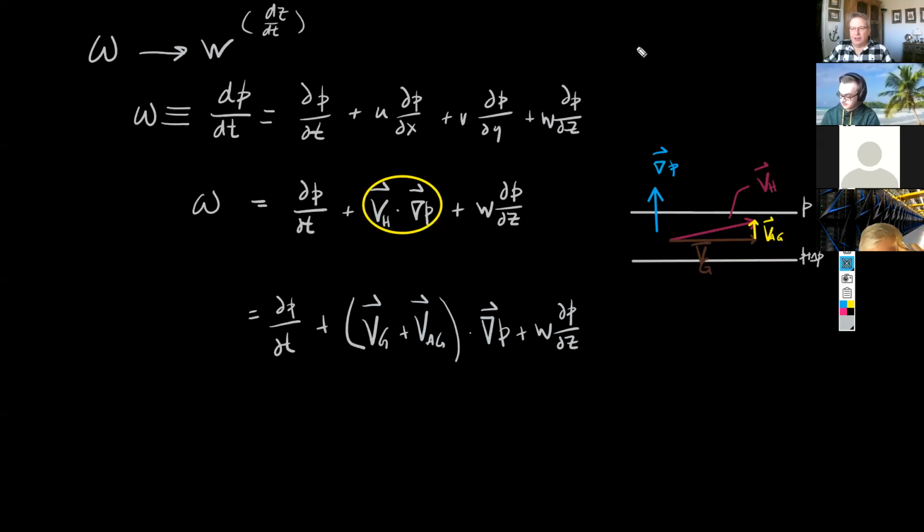And this is something you should prove by looking at vectors. Vector A plus vector B dotted with vector C is equal to A dot C plus B dot C. You should probably do this by looking at i, j, k components and prove this.